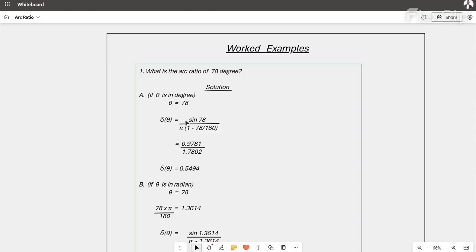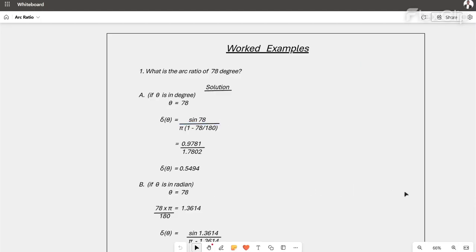If you do the calculation, the numerator, sine 78, will give you 0.9781, while the denominator will give you 1.7802. Now if you divide this fraction, we have delta theta is equal to 0.5494. That's the result we got using the function when theta is in degree.